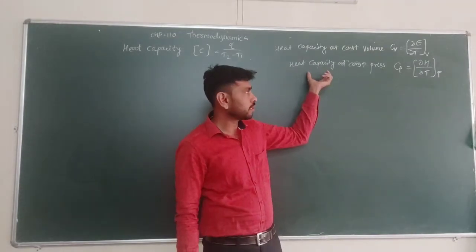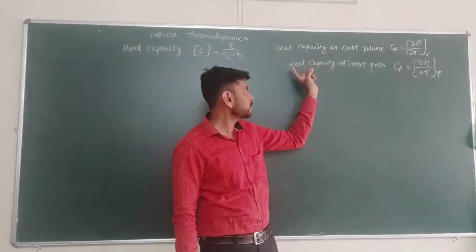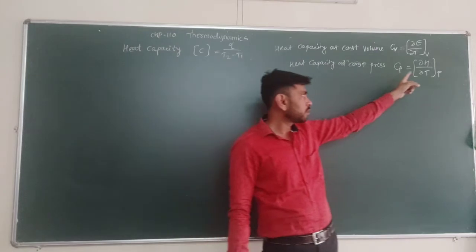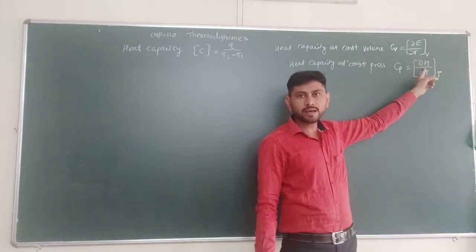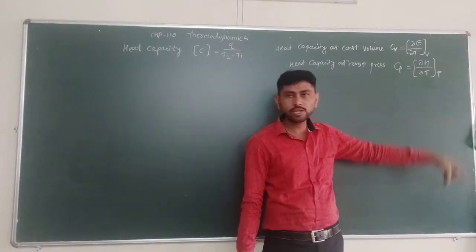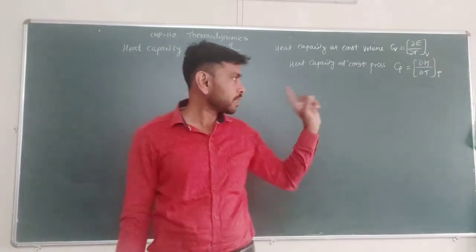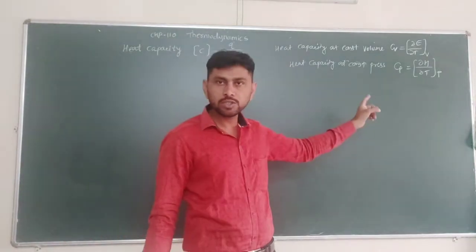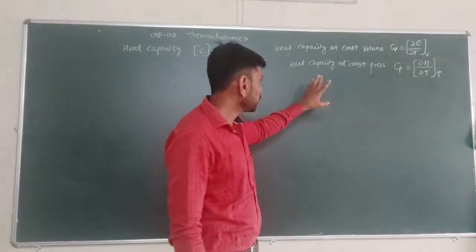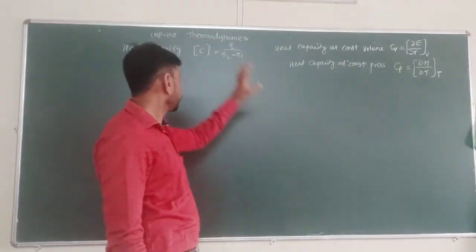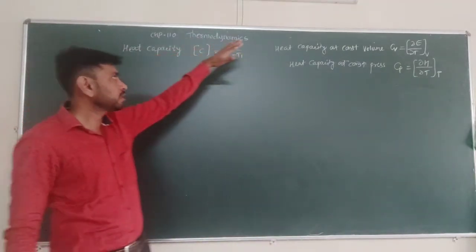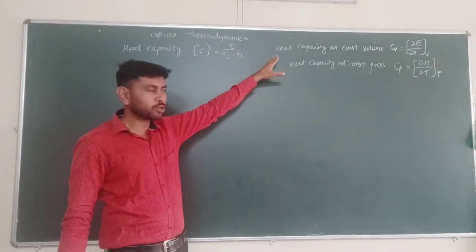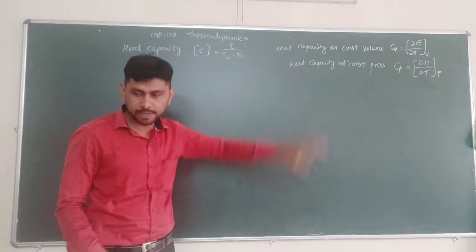And heat capacity at constant pressure can be defined as the change in enthalpy of the system per unit change of temperature. So this is the heat capacity at constant pressure. Remember these equations: heat capacity at constant volume, heat capacity at constant pressure.